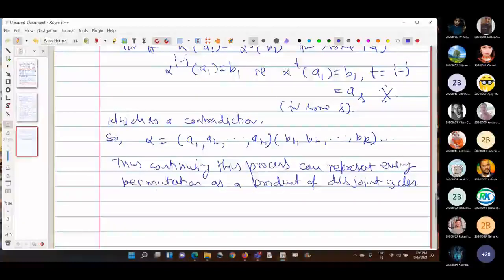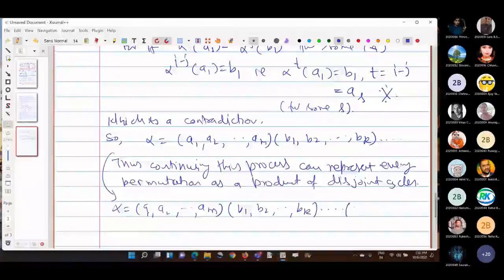So how can we write it? We can write this A1, A2, up to AM. Then the second cycle B1, B2, up to BK. So we will continue like this. Then suppose C1, C2, up to CR. Like this. So this completes the proof.